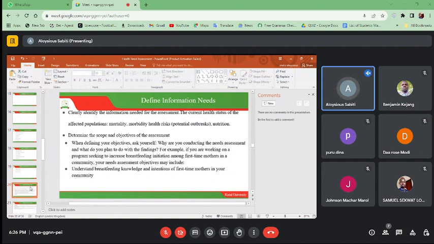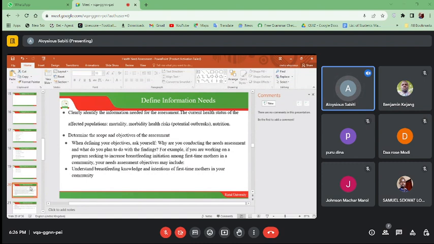So you have to have a clear definition of the information needed for the assessment. So this requires that you review and have data on the particular community. What are their mortality rates? What is the risk of an outbreak of a particular illness in this community?